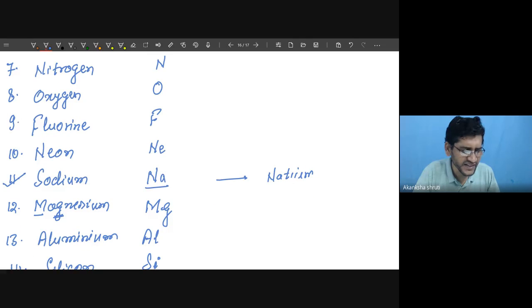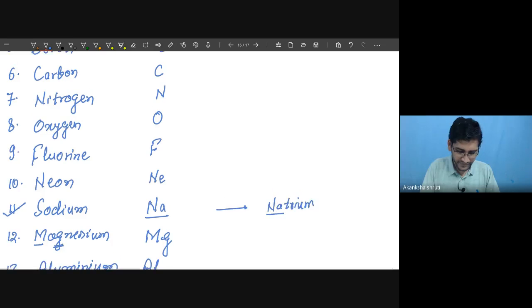Na was taken from their Latin name, natrium. So this is natrium. These are the Latin names based on which the symbols are given.